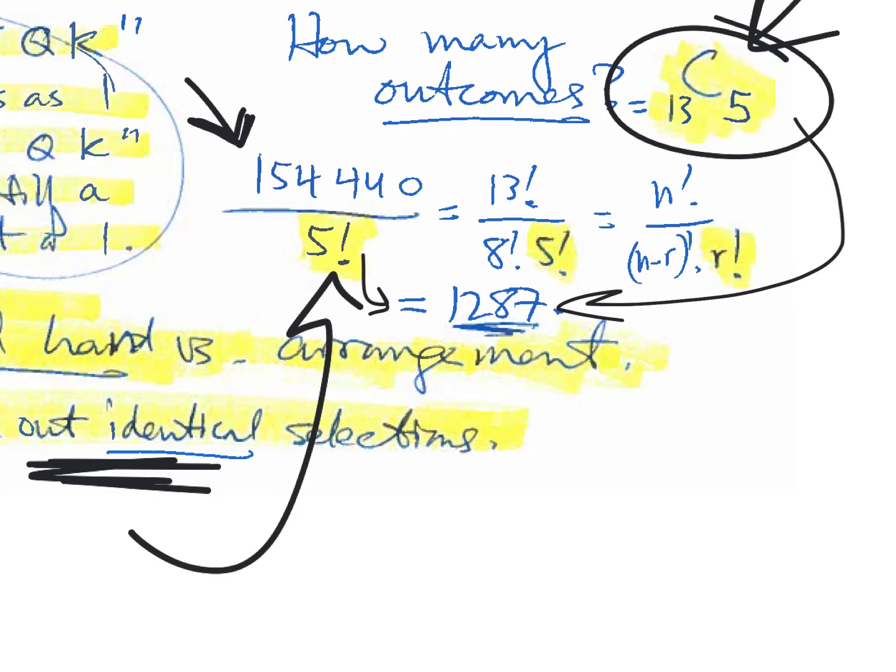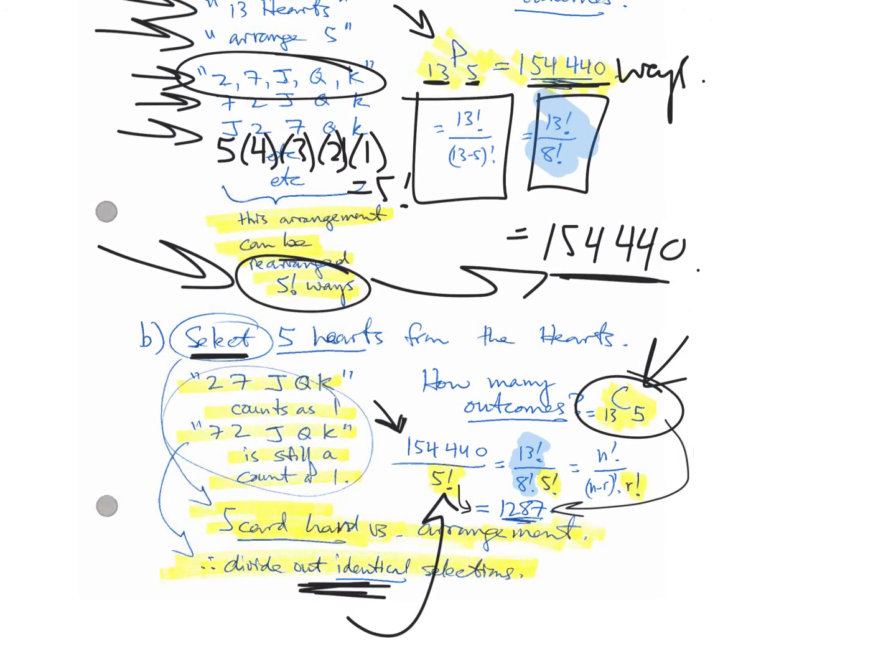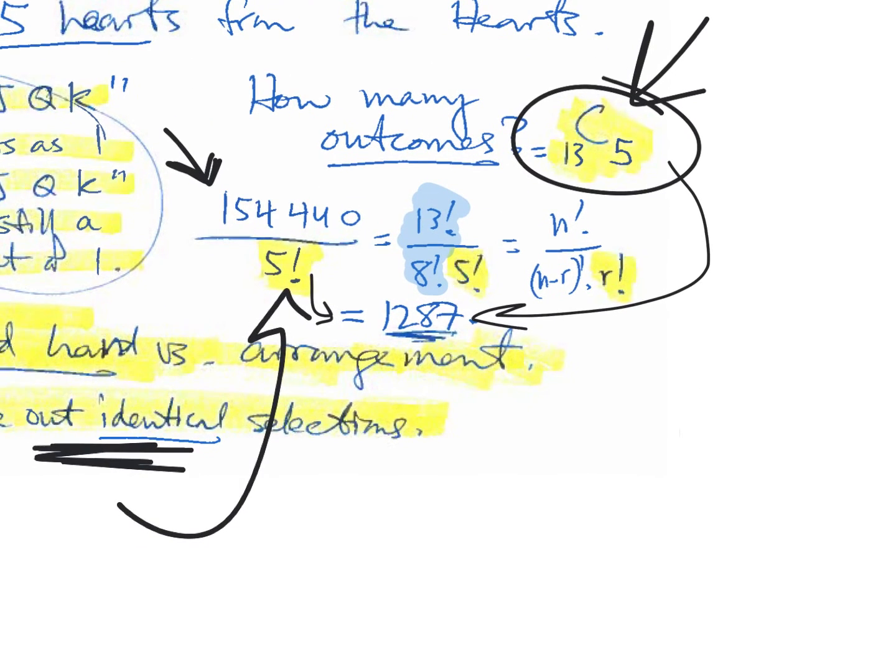So let's understand why it's the same. The permutation portion is 13 factorial over 8 factorial, recall from our previous work up top. And if we add the division by 5 factorial, it equals 1,287 selections.